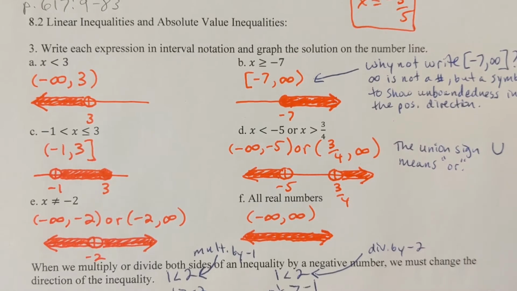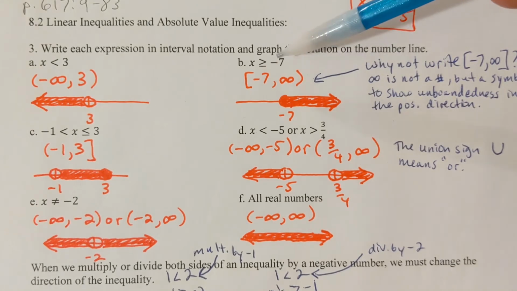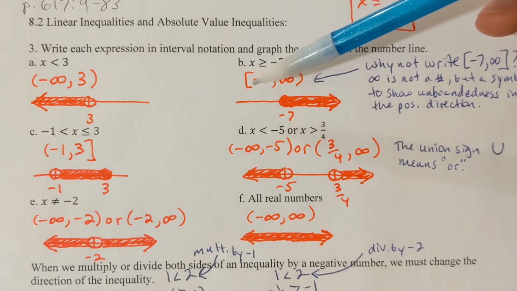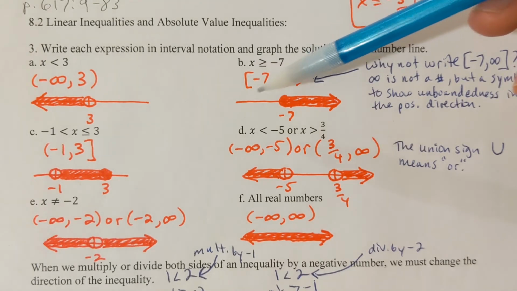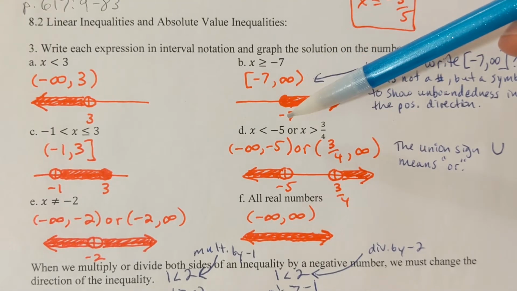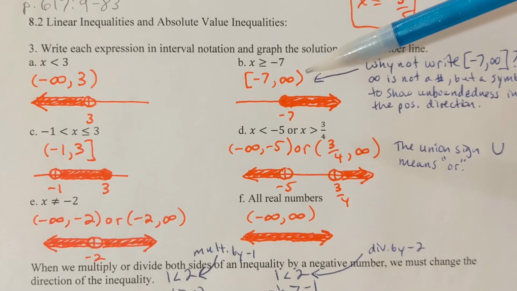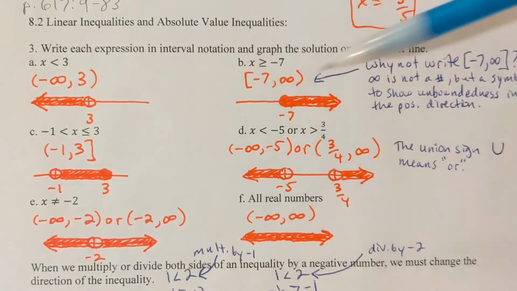And I'm going to put a bracket by negative 7 since I'm including that start point, with this being a greater than or equal to and not just a strictly greater than. Again, a bracket means that you're including the number. Now, on the number line here, I've marked out negative 7, and I want a closed circle at that spot since I'm including my start point. A closed circle means that you're including the number, and an open circle means that you're not including the number.